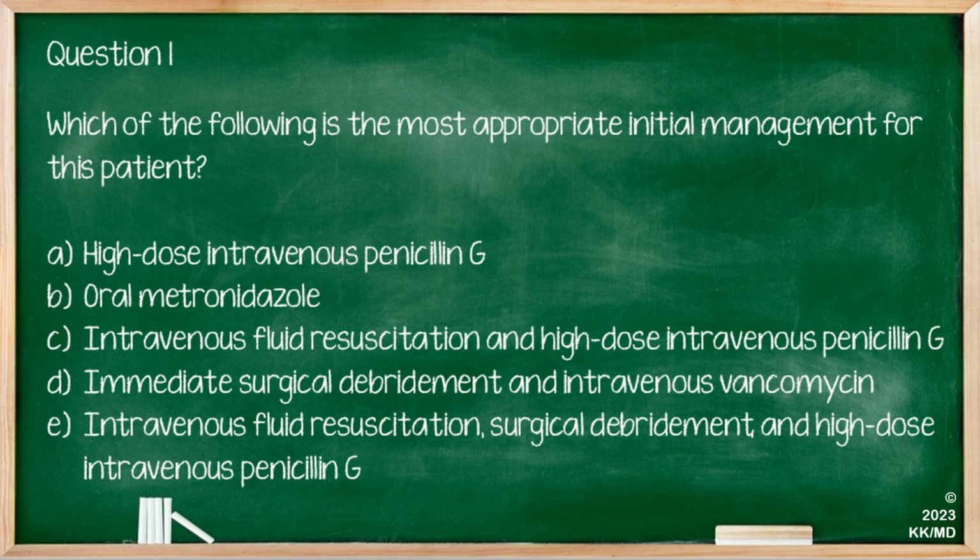You should all pick the option for intravenous fluid resuscitation, given that this is a septic patient. And if you recall from our slides earlier, you would realize that gas gangrene is a surgical emergency needing surgical debridement. And intravenous penicillin G is the antibiotic of choice in the meantime until the necrotic tissue is excised.